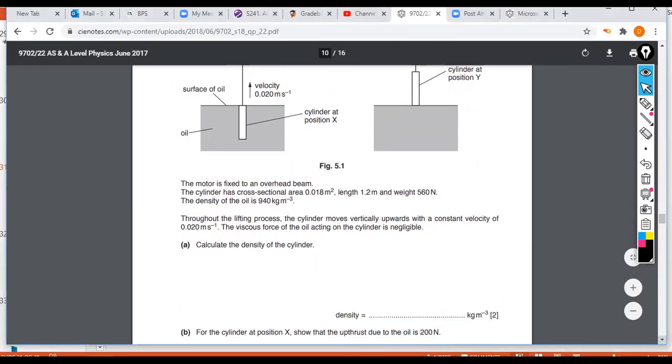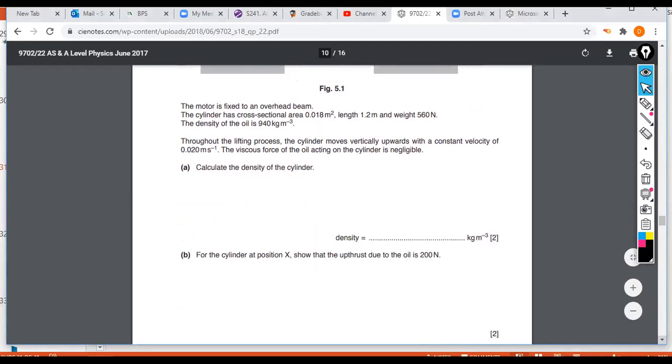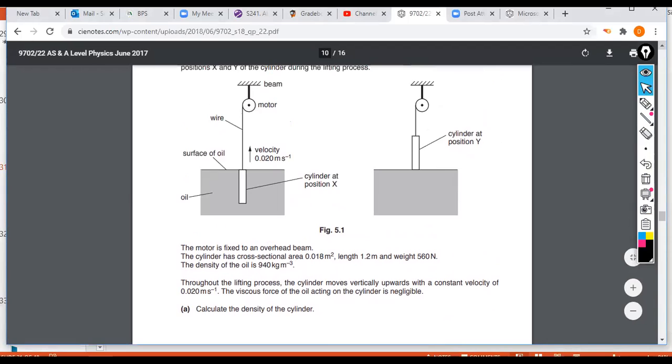The question goes on to read, for the cylinder at position X, show that the upthrust due to the oil is 200 newtons. Let's remind ourselves, as we were at the beginning of class, that there are different types of forces affecting the motion of an object. Upthrust is a force that is the result of collisions of particles.